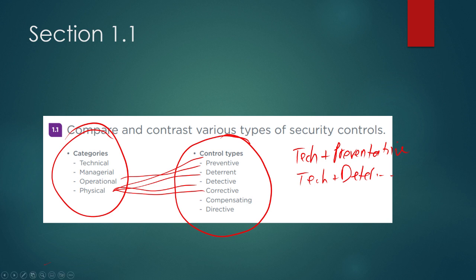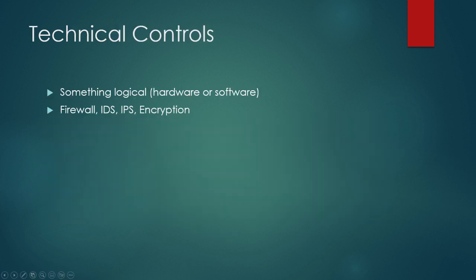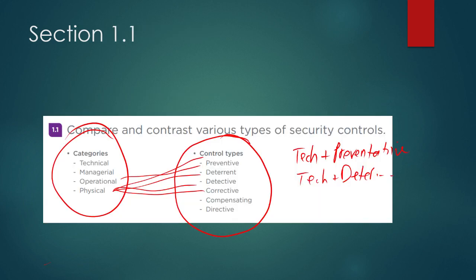So I digress. What's a control? First of all, a control is a method or a device or a policy that prevents unwanted behavior.